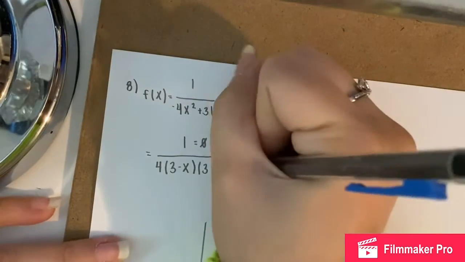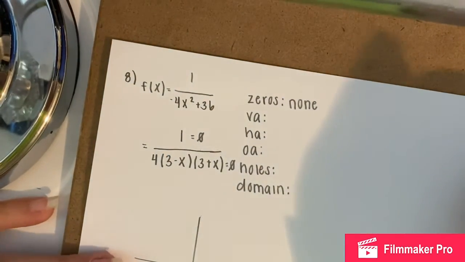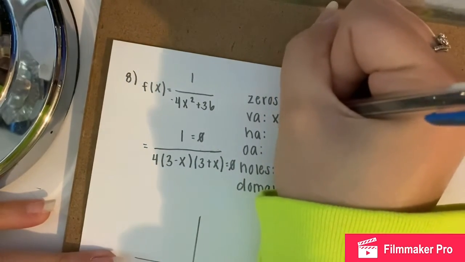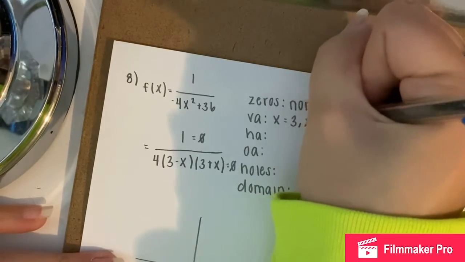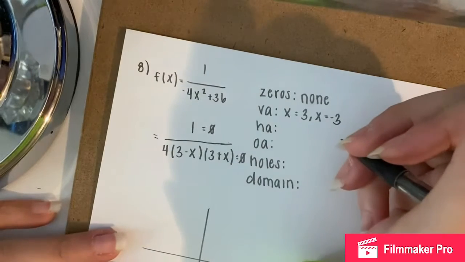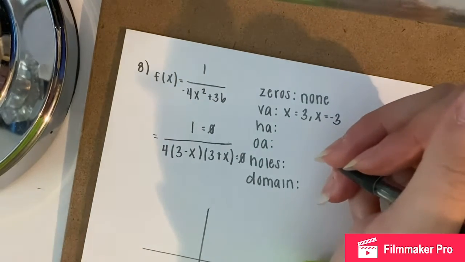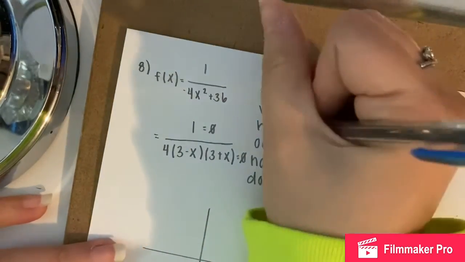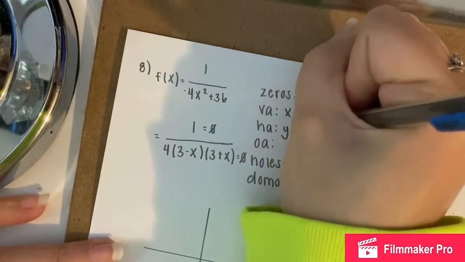And now for our vertical asymptotes, we do the same thing, and we set the denominator equal to 0 now. And we are left with an x at 3 and an x at -3. And now for our horizontal asymptote, because the numerator's degree is less than the denominator's degree, we are left with a horizontal asymptote at y equals 0.